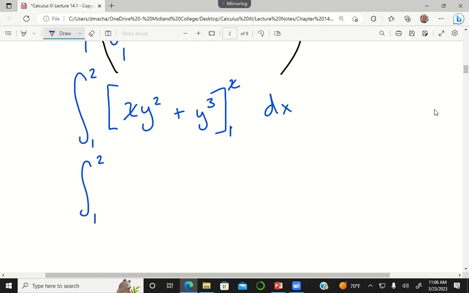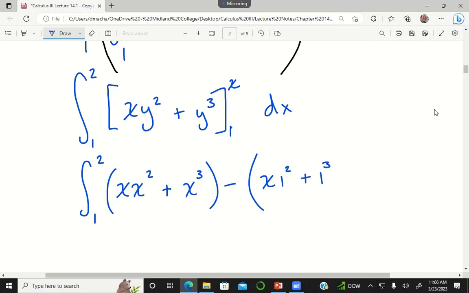So the first thing I'm going to write is x times x squared plus x cubed, and then minus x times 1 squared plus 1 cubed.